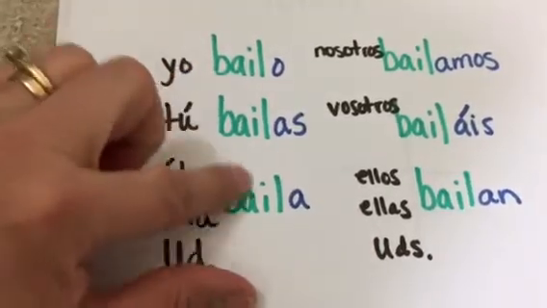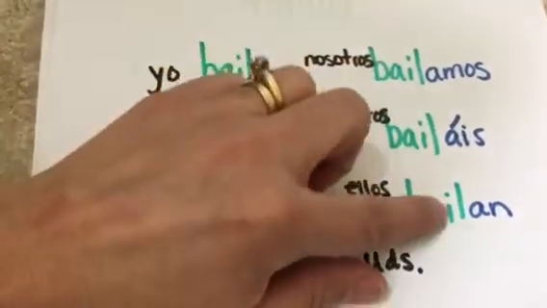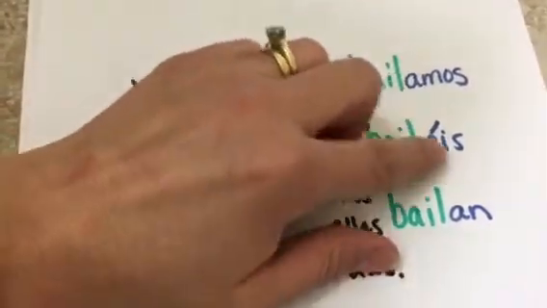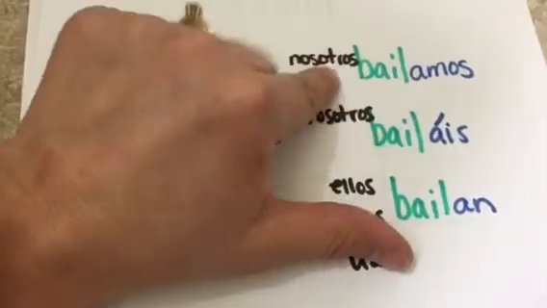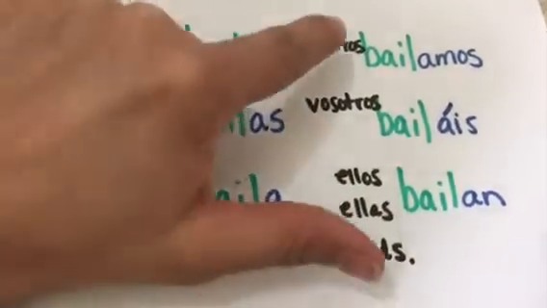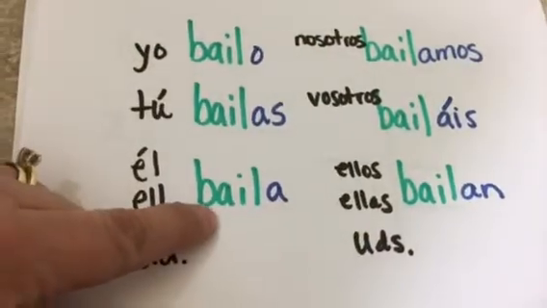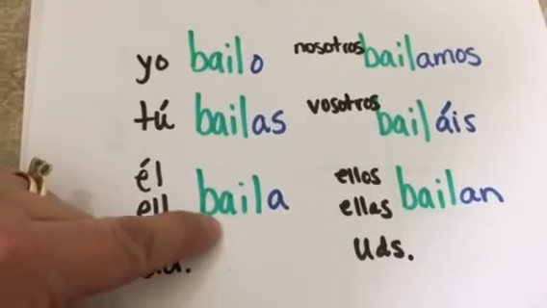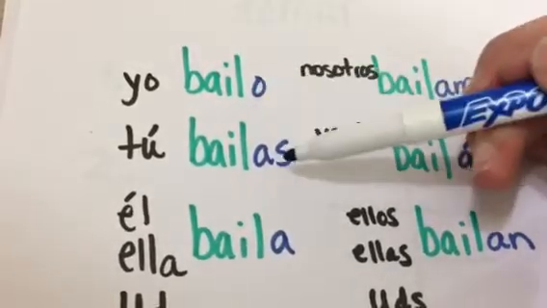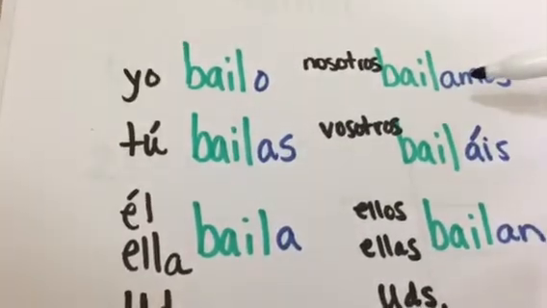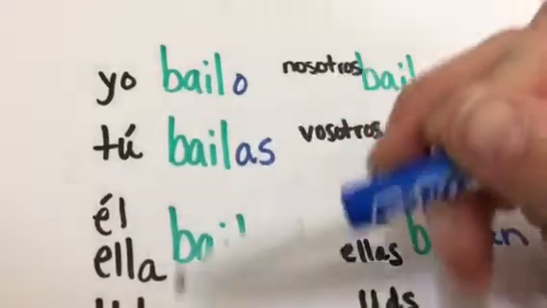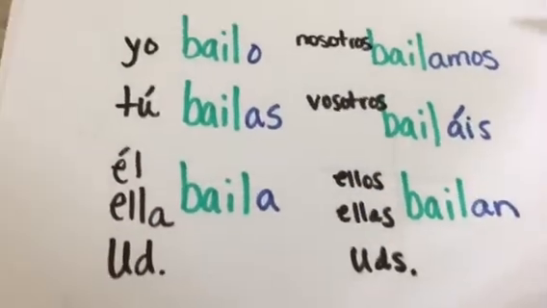In green I have my stem, bail. In blue I have my ending. And my ending has to agree with my subject. I can't say nosotros bailo or nosotros baila. That does not make sense. In English, we would say I dance, you dance, we dance. Dance stays the same. But in Spanish, we have 6 forms. So this is different than in English, okay?